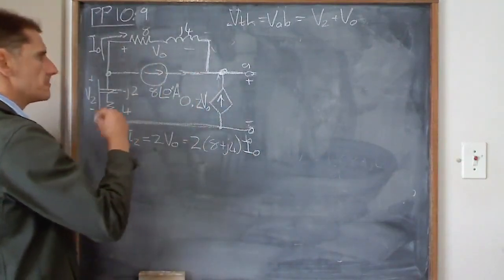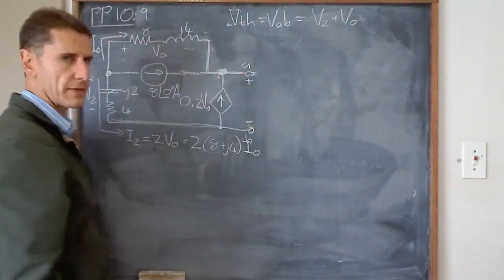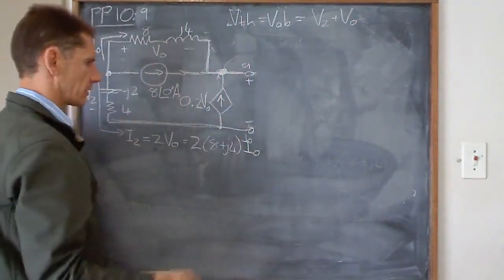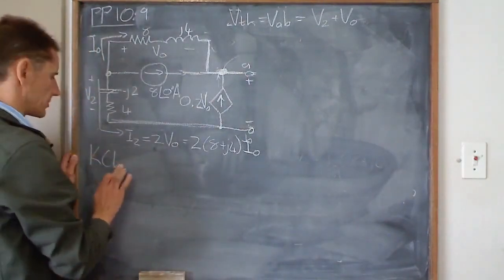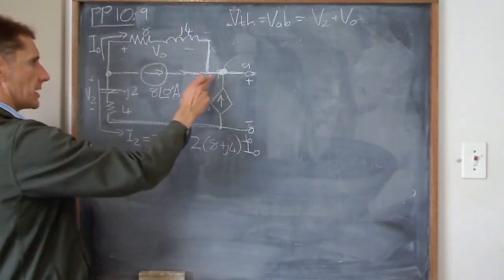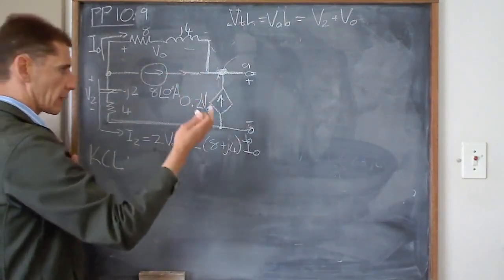So let's do a KCL somewhere at that point. I'm going off my notes now. If I write a KCL there, all the currents coming in must all equal all the currents going out.